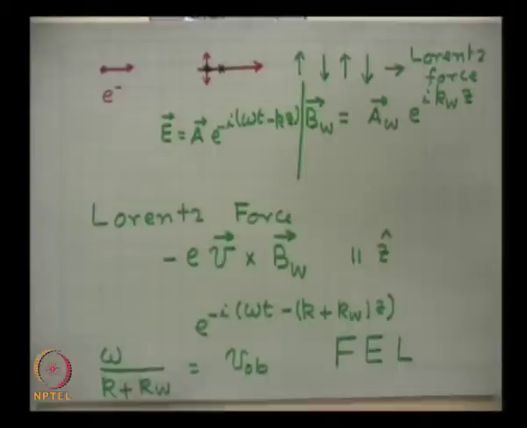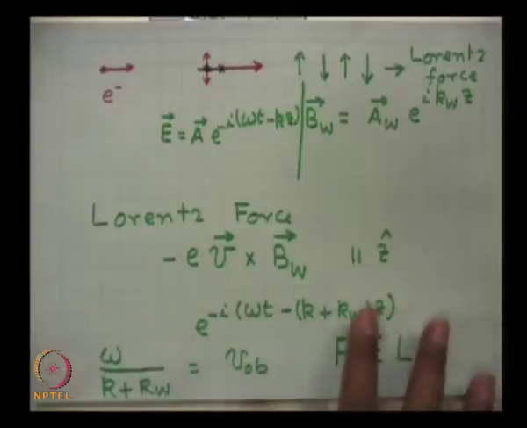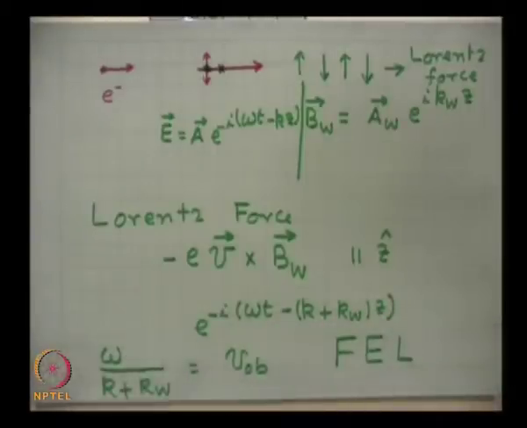We shall discuss in substantial detail the mechanism of a free electron laser, but today I would like to focus my attention on the previous device that I call the Cerenkov free electron laser.